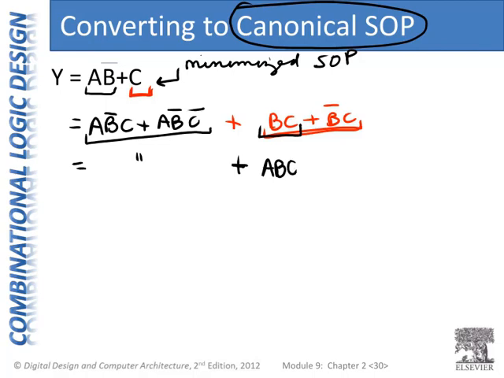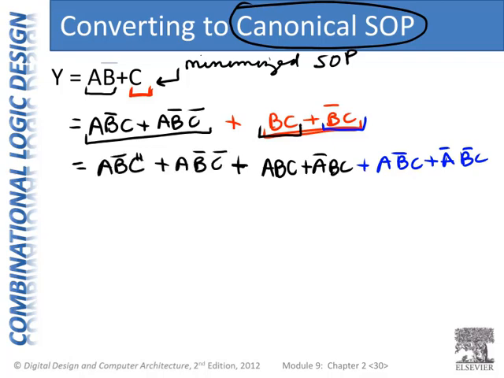Instead of just BC, we get A and B and C, or A bar and B and C, or A B bar C, or A bar B bar C. And let's go ahead and write these down here so we can see them all in one place. And we check for duplicates, and in fact, if at this point you wanted to reorder them, you would also see the duplicates. So I'll show a different method just to show different ways of doing it.